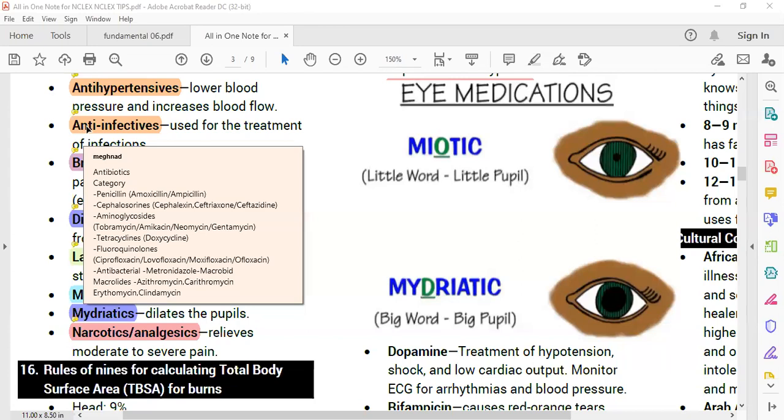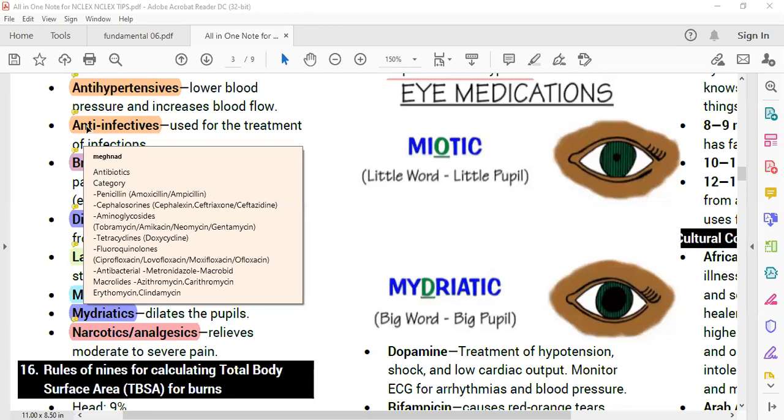The common side effects of this group of drugs: they can cause nausea, vomiting, and diarrhea. They can cause thrombocytopenia, meaning the platelet number goes down. Sometimes the patient complains of abdominal pain or has a taste change, and they cause superinfection.